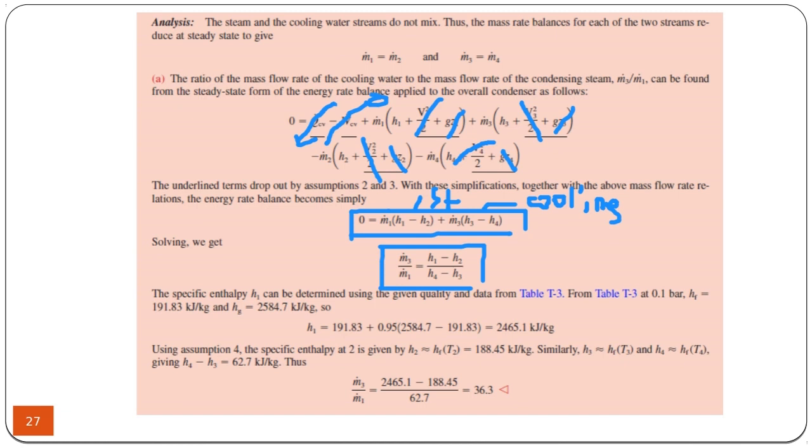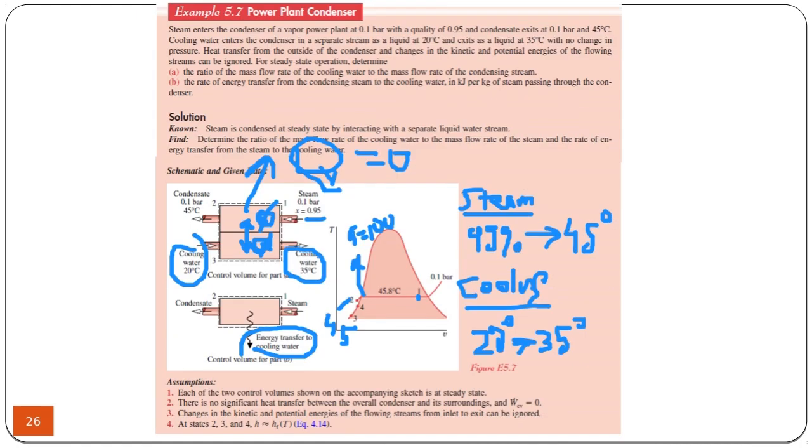If you look at the graph again, the state 1 is a mixture, so that we can calculate the enthalpy of the mixture as H1 is equal to H1f plus X1 times H1g minus H1f.